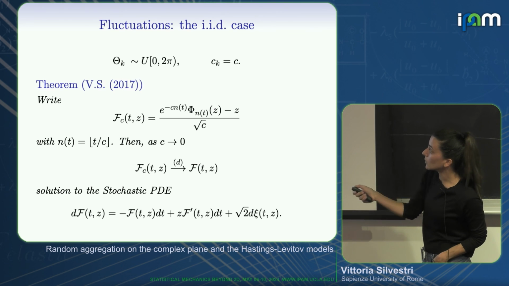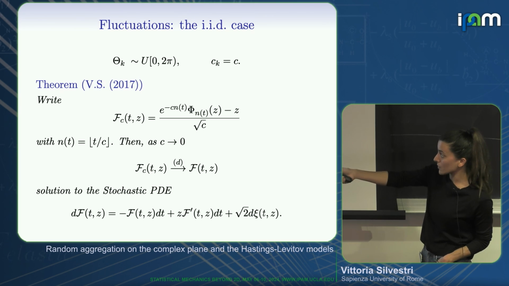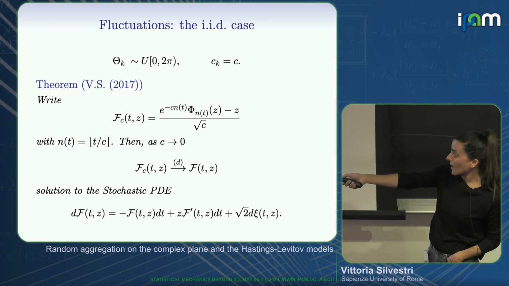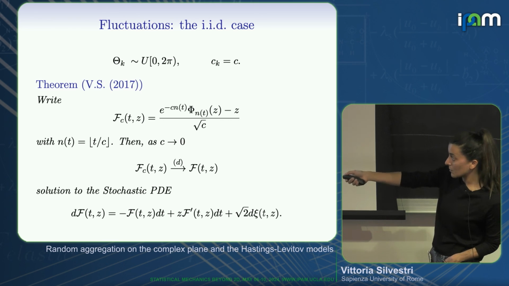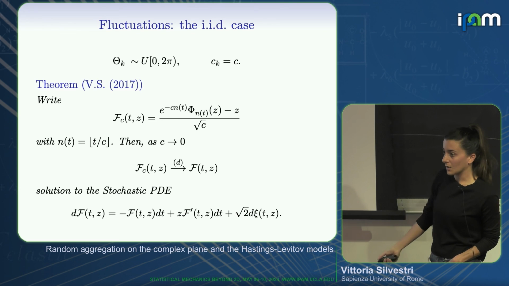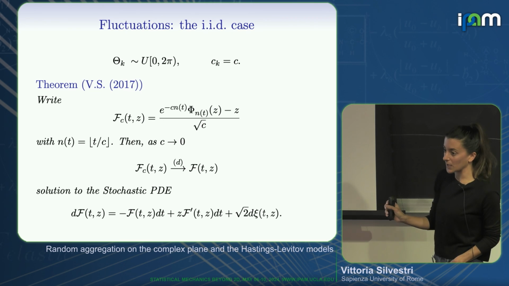And in fact, you can do it also as a process. So you get a process of holomorphic functions. And in distribution, this will converge to a continuous Gaussian process in the space of holomorphic functions, which is conveniently described as a solution to a stochastic PDE.